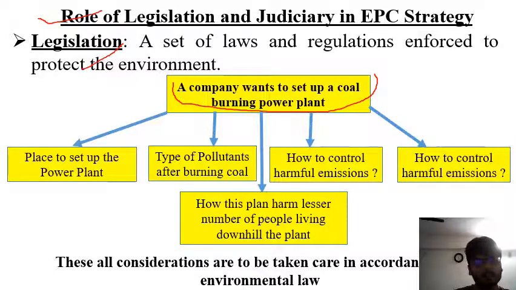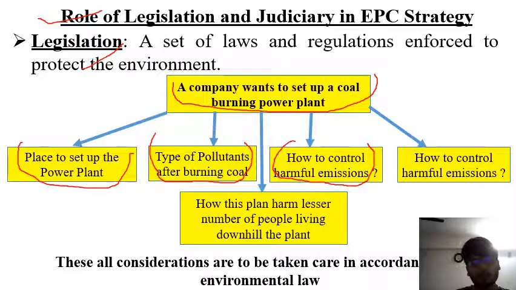First, it requires a place to set up the power plant. Next, it needs to understand what kind of pollutants arise after burning coal. Next is how to control harmful emissions, so they should come with a plan for that.